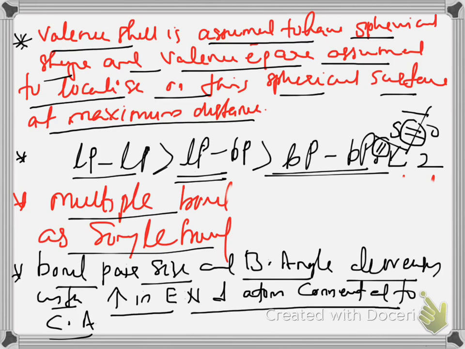Suppose we have a central atom A with X and Y bonded to it. When the electronegativity of X and Y increases, the shared pair will be attracted towards them. Then the repulsion between them decreases. When the repulsion decreases, the bonds come closer and the bond angle decreases. That is the point.